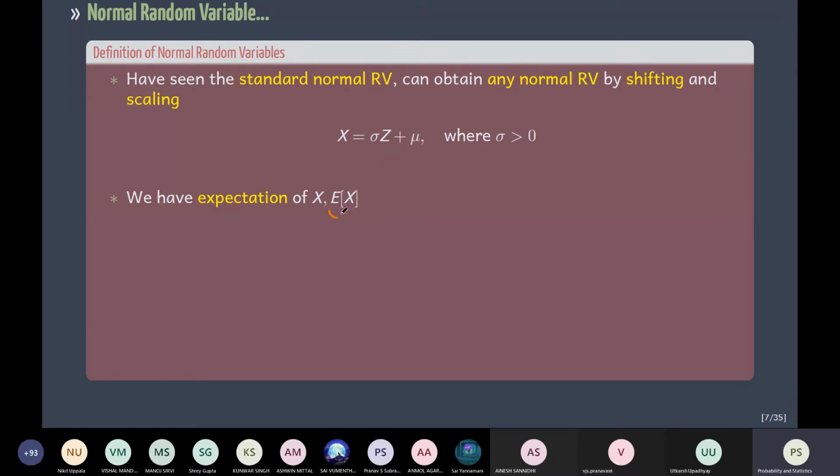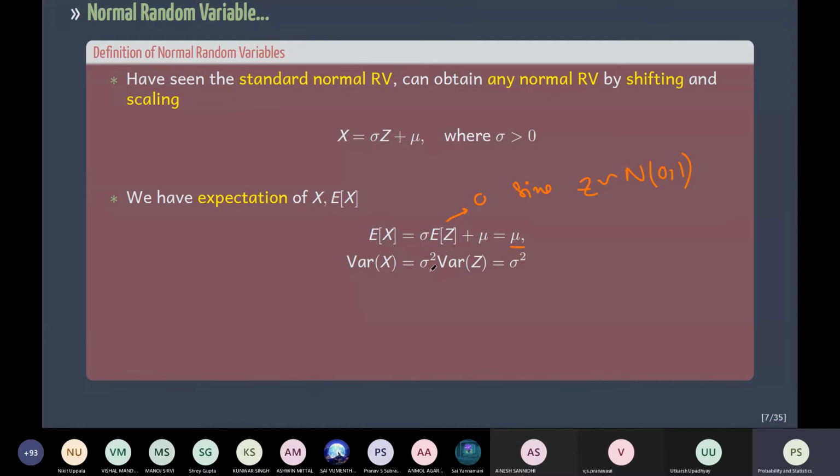So what is the mean of X? The mean is the expectation of X. So apply the linearity. The sigma will come out due to linearity of expectation, and then we have this. But expectation of Z is 0 since Z is standard normal, so that becomes 0, and then you are left with mu.